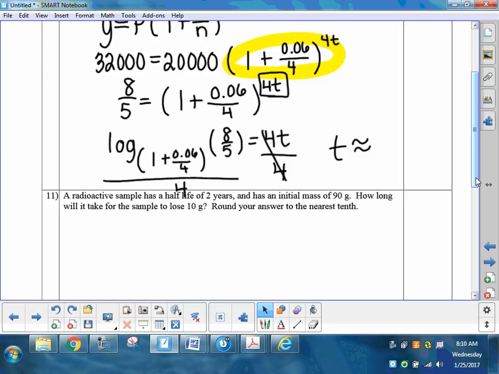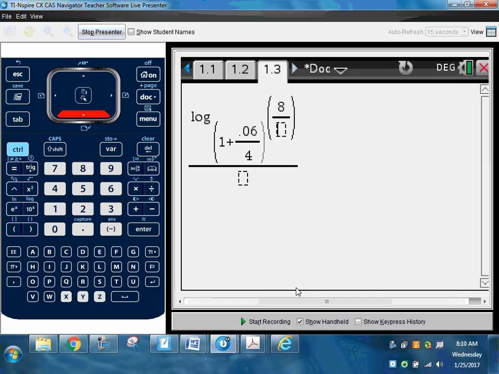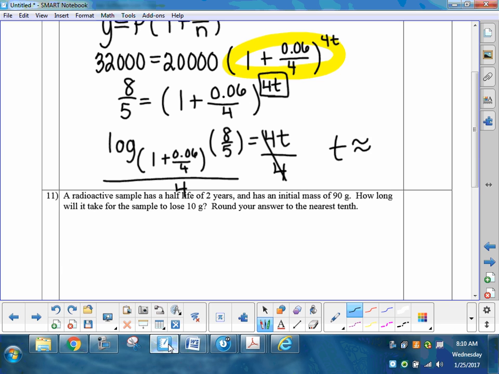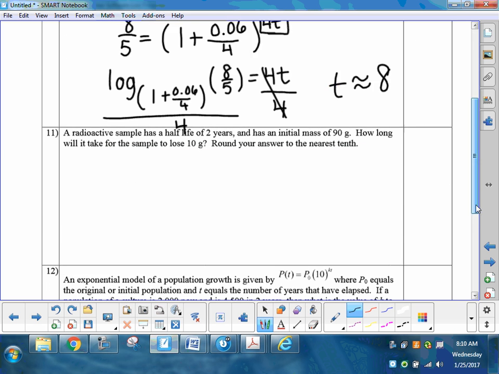You type the whole awkward giant mess in. And shockingly, the calculator computes it out, just like any computer would. Press enter. Now, what is the answer rounded appropriately going to be? Emily? Is it 8 to the nearest year? Yeah, 8 years.